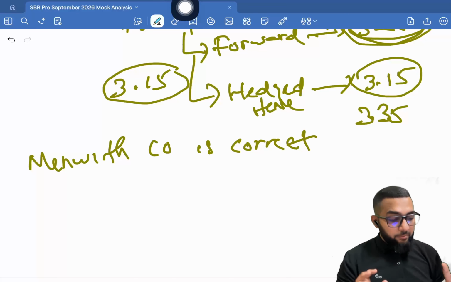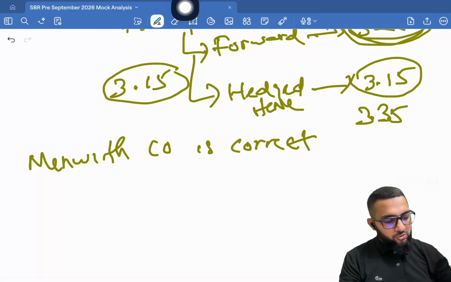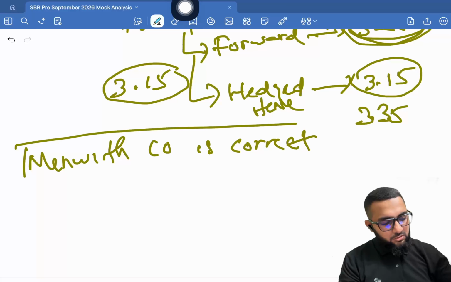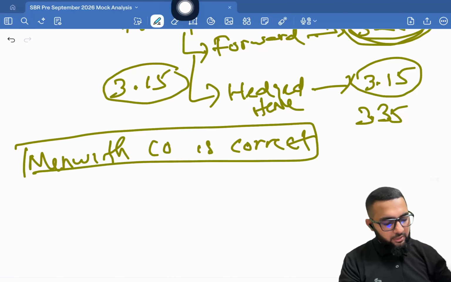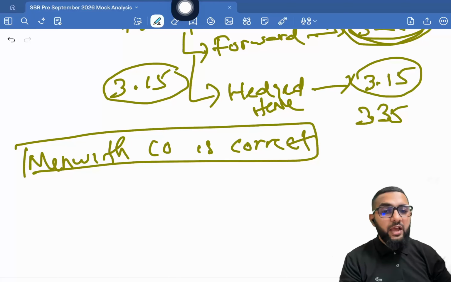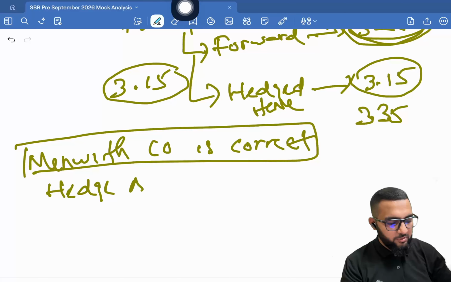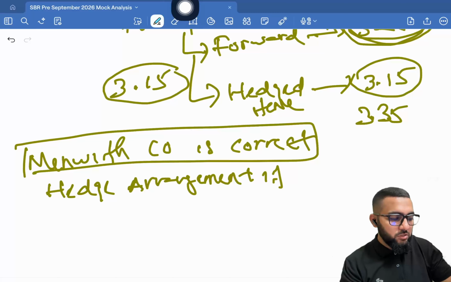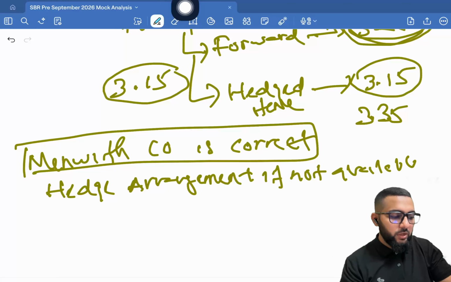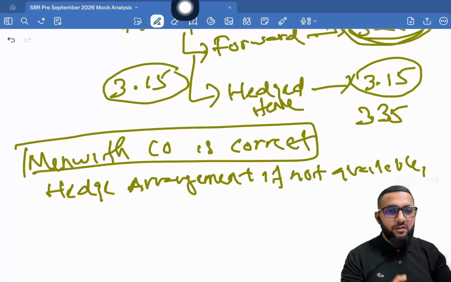Right. But remember, before you bring this conclusion, you also will have to give a small comparison of how the situation would be without the hedging arrangement, if not available. You will have to apply to the scenario, right?